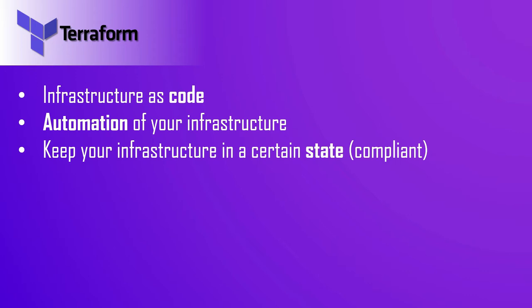Terraform keeps your infrastructure in a certain state. It keeps it compliant. So you define in the code the state of your infrastructure. You want to spin up 5 small instances, and whenever you run Terraform, it will ensure that those 5 instances are running on your cloud platform. Even if you change something manually, Terraform will try to match the code with the actual infrastructure.